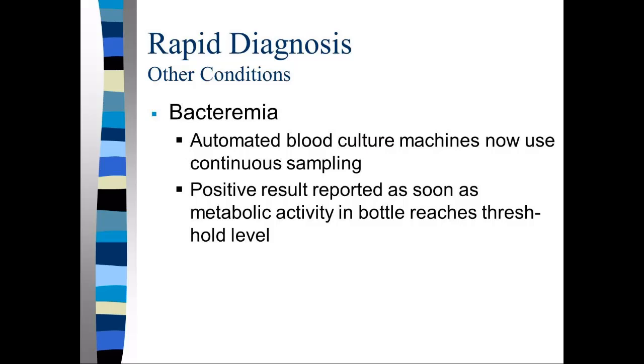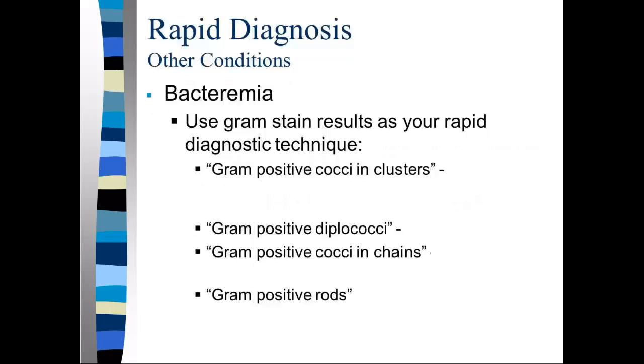And so blood cultures are a rapid diagnostic technique for a variety of things. We've already talked about their relevance to acute pneumonia, but also skin and soft tissue infections and other infections as well. So when you see gram stain results reported, you can use this obviously as a rapid diagnostic technique.